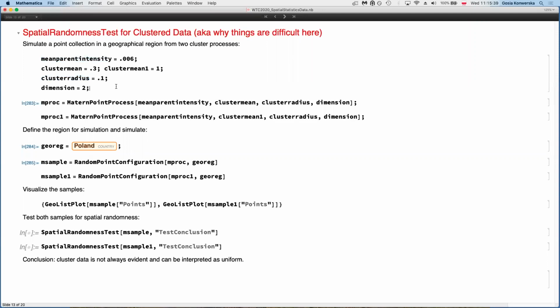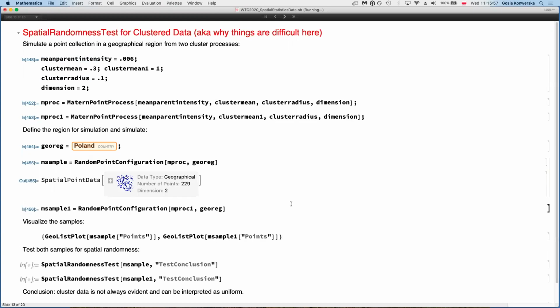So the first process and the second process are called Matern point processes, and I just simulate both processes. And this might take a little bit, but don't be discouraged.